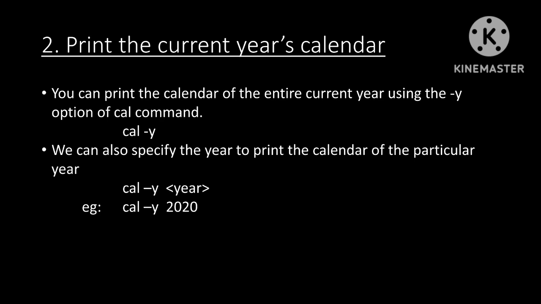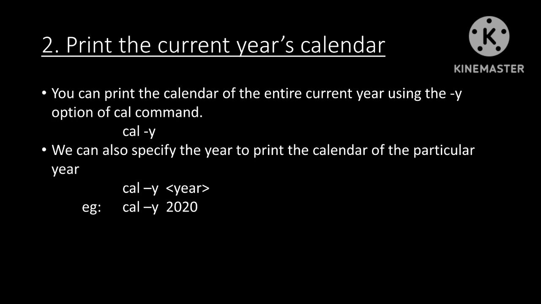If you want to display the calendar of a particular year, not the current year but another year, then you have to type cal -y, give a space, then provide that particular year.